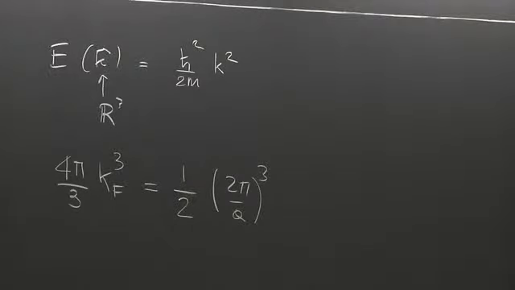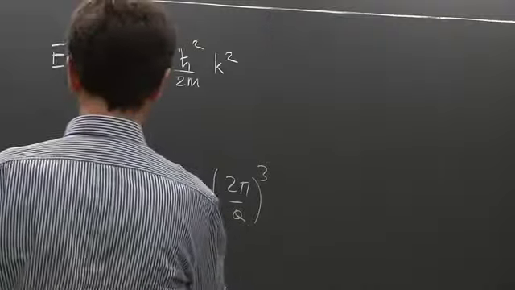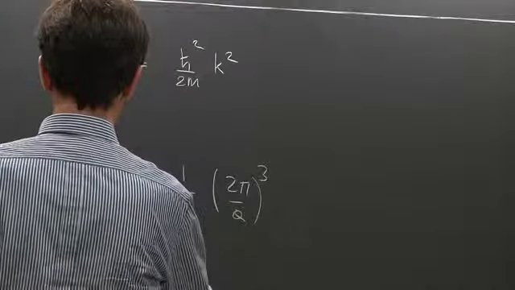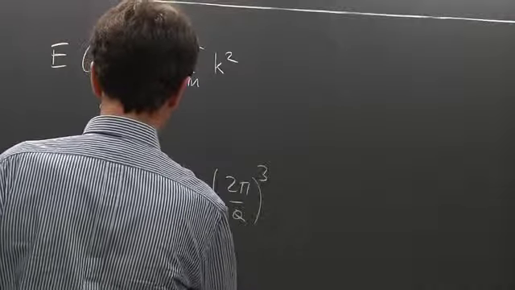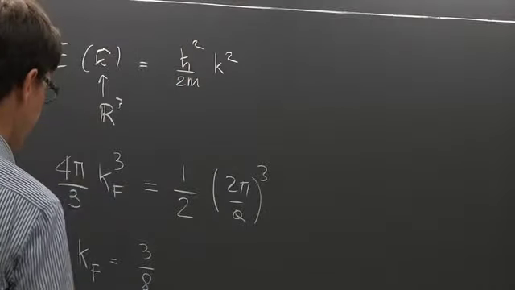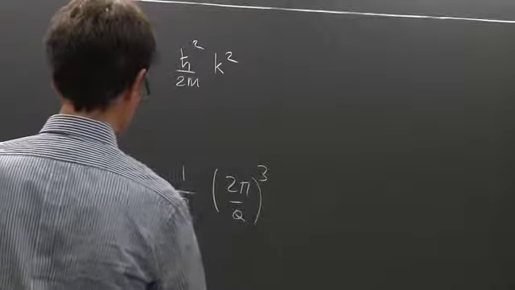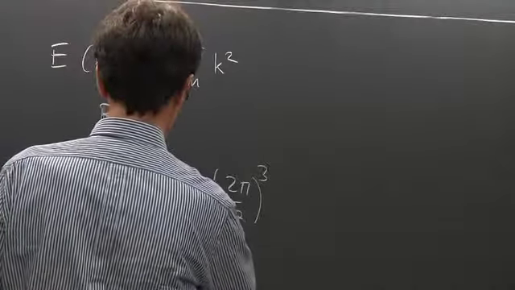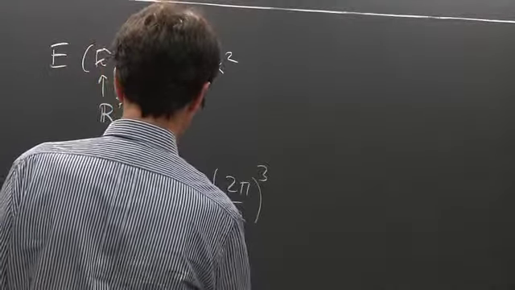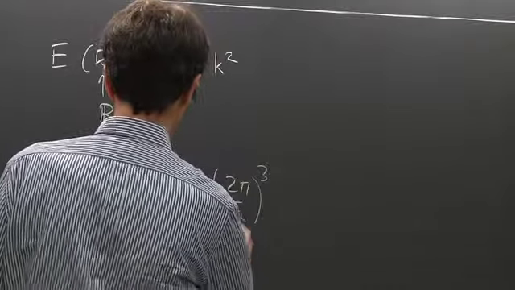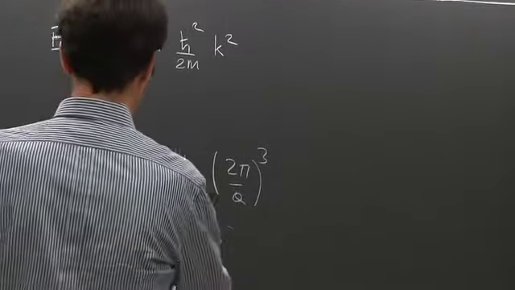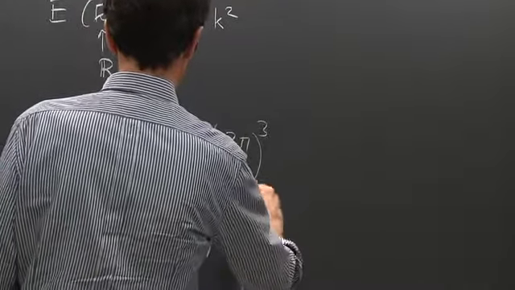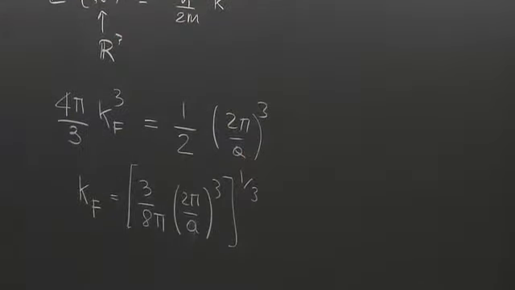All right, so Kf is equal to 3 over 8 pi times 2 pi over a cubed, to the 1/3, obviously.